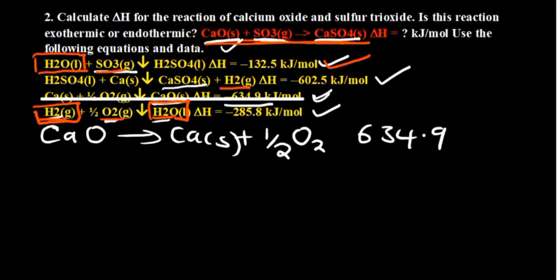So this water molecule is going to cancel out with the one from the first equation. This hydrogen molecule is going to cancel out with the one from the second equation. Is there anything else that we can cancel out? So this oxygen as well can cancel out with this one there. Anything else that is common on both sides?